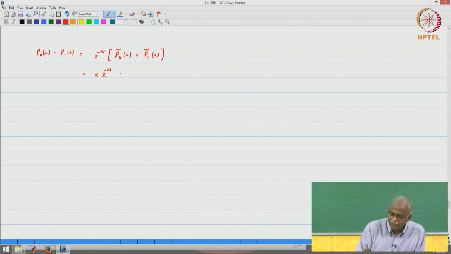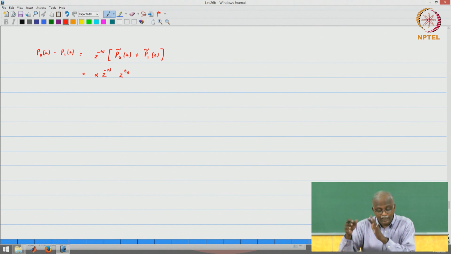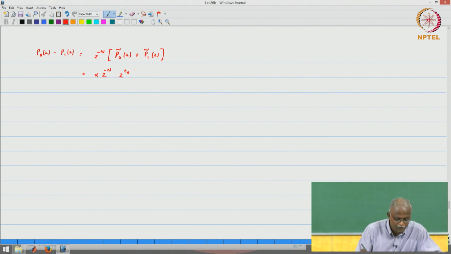So, this will become z power n naught, because what we are doing is replacing z with minus z, and this one becomes, previously we had d naught tilde. So, now what we get is d naught of z, previously you had d1 of z, now it will become d1 tilde of z.